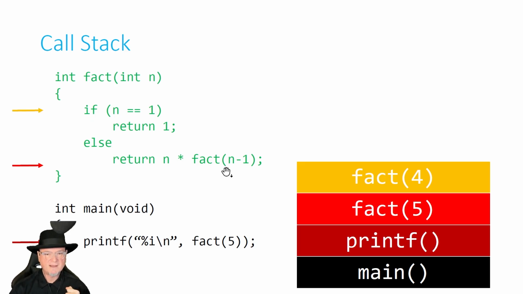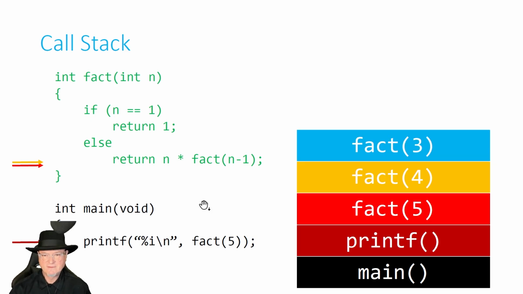And because our ending condition has not been met, n equals some value other than 1. At the moment, we're going to go through the routine again, and we're going to call fact again, this time with 3, n minus 1.